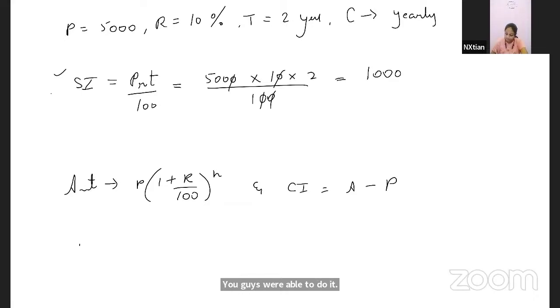Ma'am, I have a doubt in question 4, part 2. Okay, we'll see. Abraham, do you know how we are solving this question? Same as the previous one. You just find the SI first and then find the CI. Then take the difference, CI minus SI.